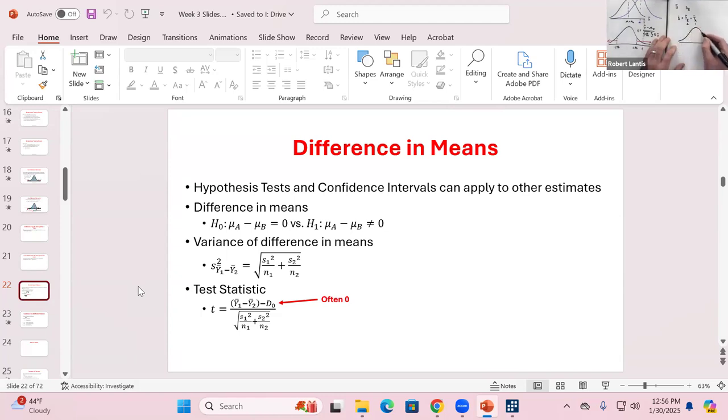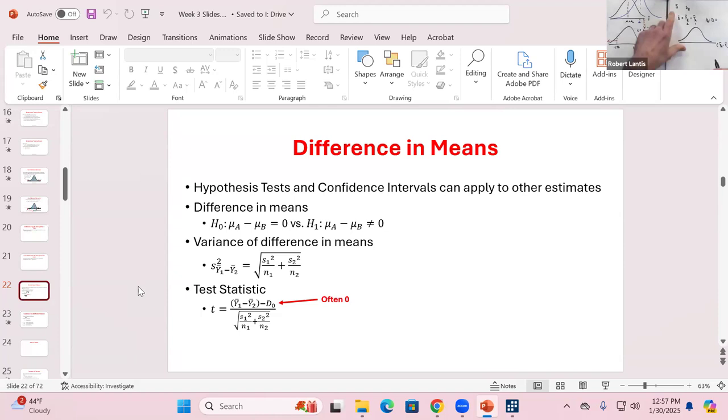So what are we going to do when we test for differences in the means of two groups, if I just want to know, is there a difference? What am I going to assume the true population difference is? Going back to 370, when we make these assumptions, we always try to stack the deck against ourselves. So if I think there's a difference between anthropology and econ majors' GPAs, I'm going to start out assuming the difference is equal to the opposite of that.